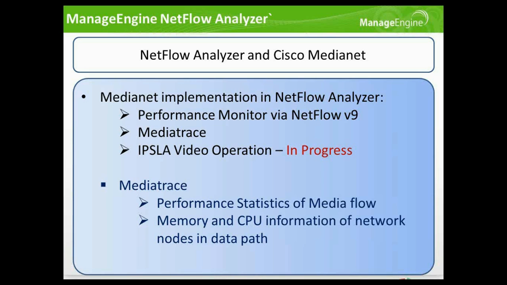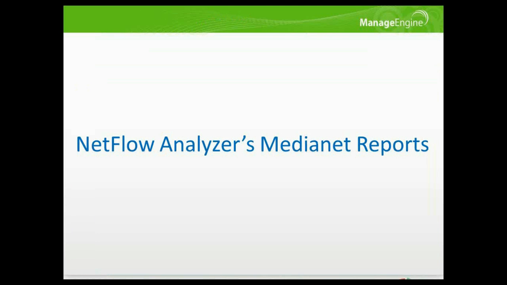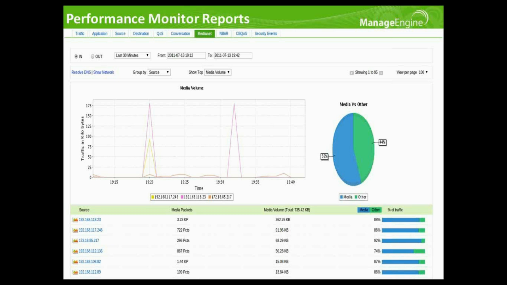Like we saw earlier in Patricia's presentation, it is important to get as much information as you can from each of the nodes through which the traffic is passing. So we'll show you some sample reports available currently in NetFlow Analyzer.